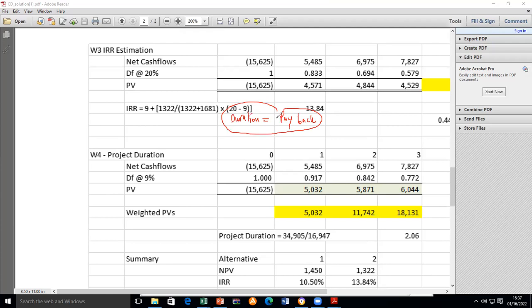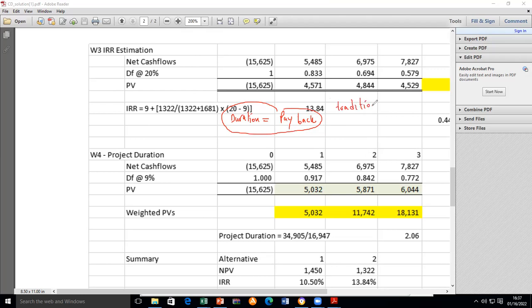Now, what is the story behind this payback? In a basic investment appraisal, you just end up on what? The traditional payback. And what else?